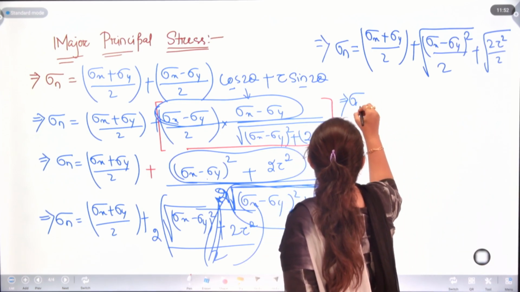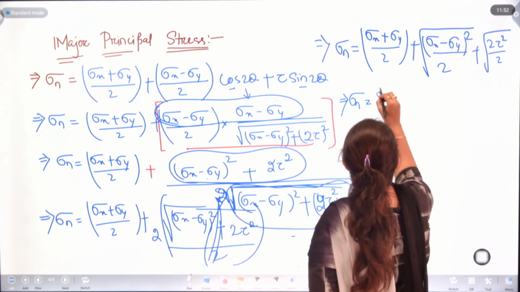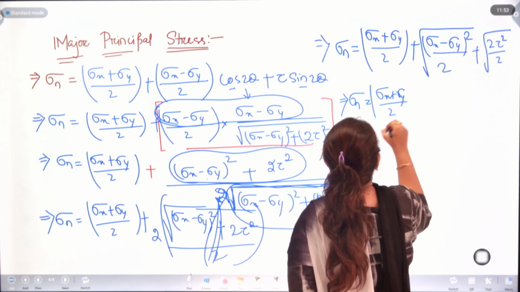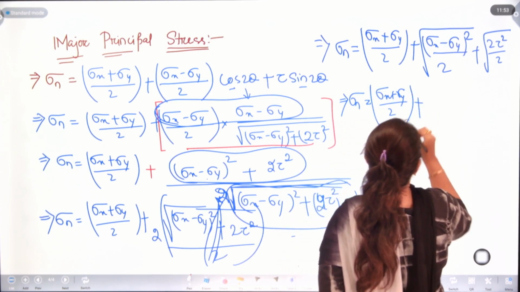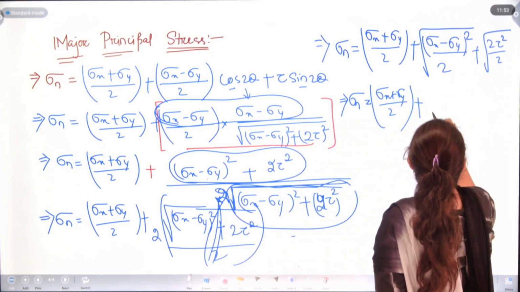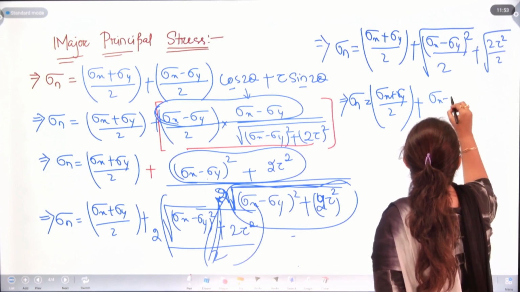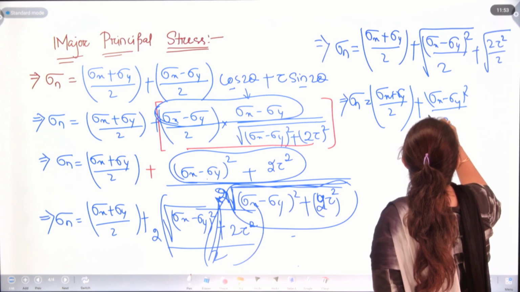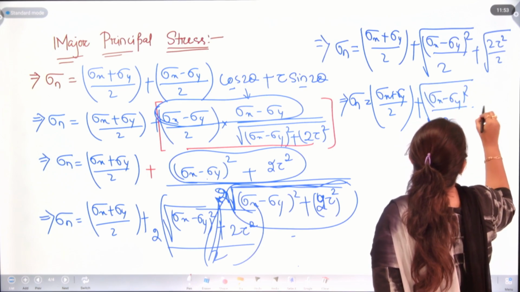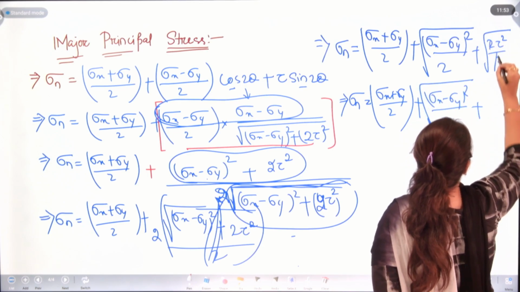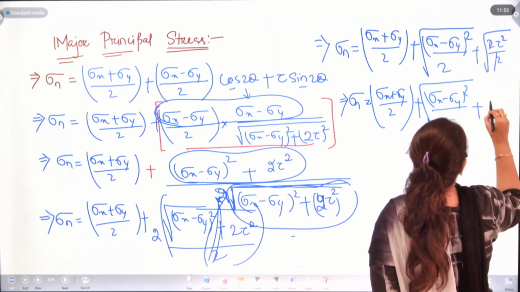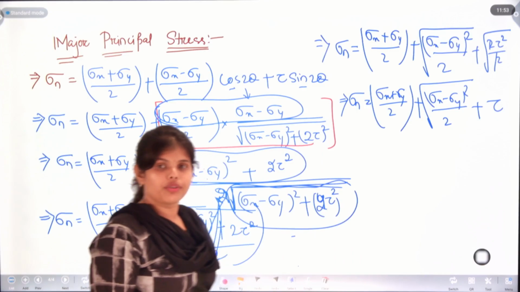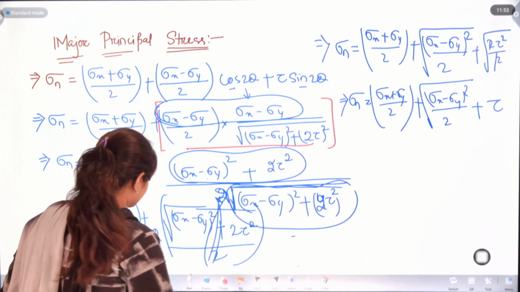Next, sigma n will be sigma x plus sigma y upon 2 plus sigma x minus sigma y whole square upon 2, plus these 2 and 2 will be cancelled and we only have the tau here. Root over of tau square, we will have the tau.